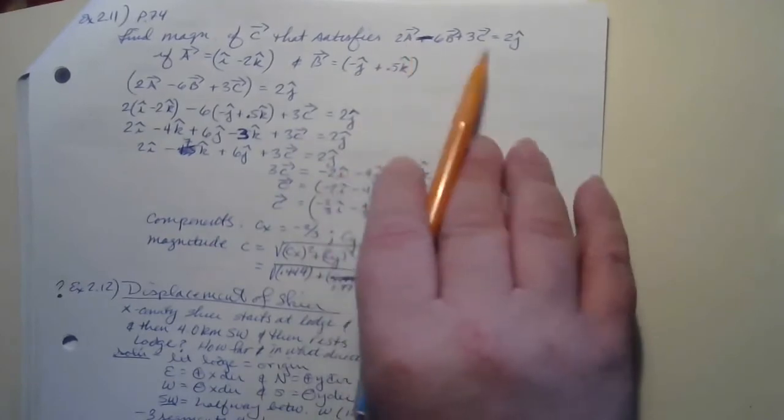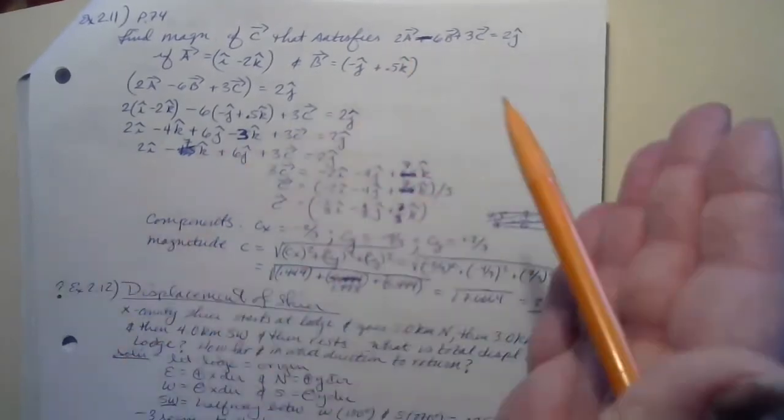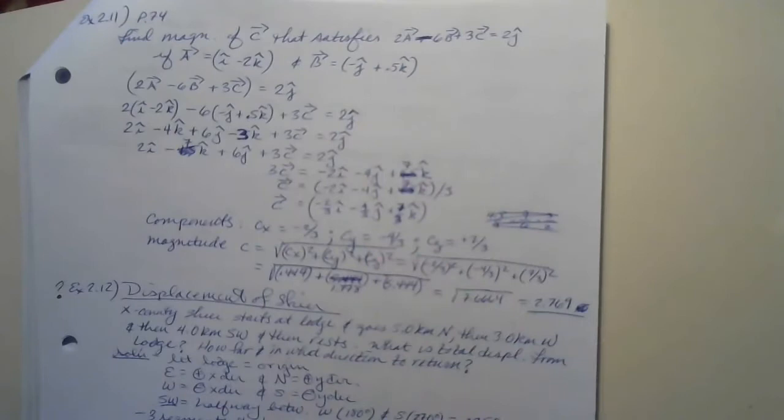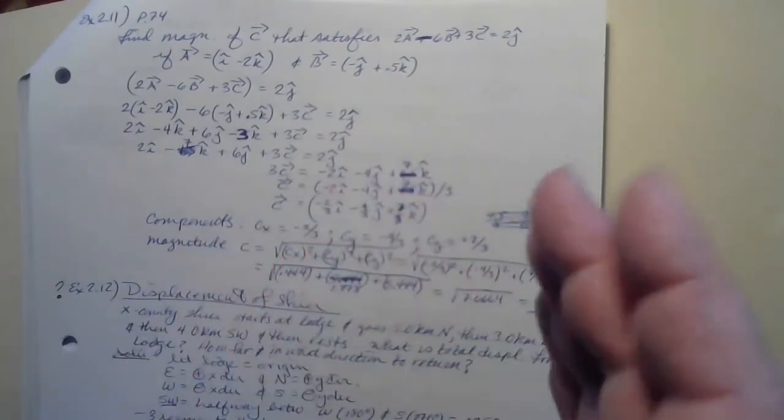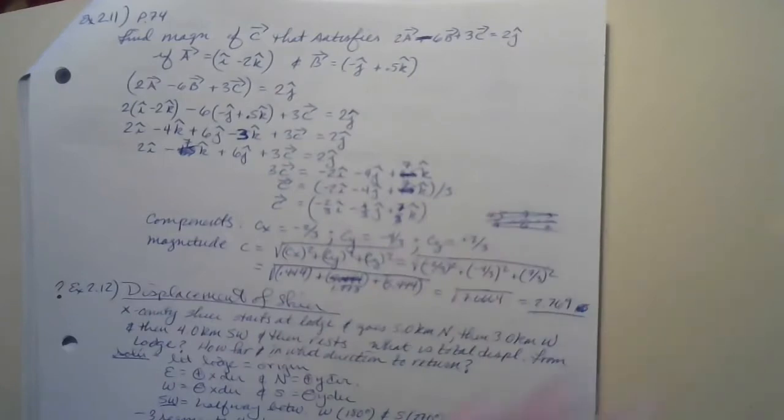It's not a whole vector. So it might be very confusing at first. But if you take it step by step and look at things in terms of their components, it becomes a lot easier.